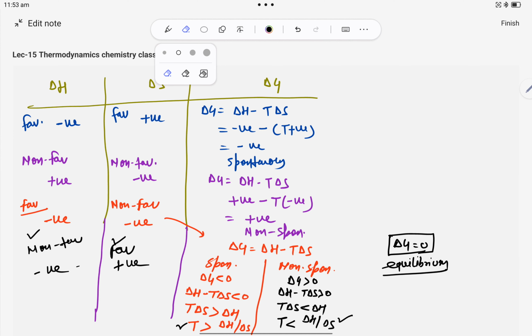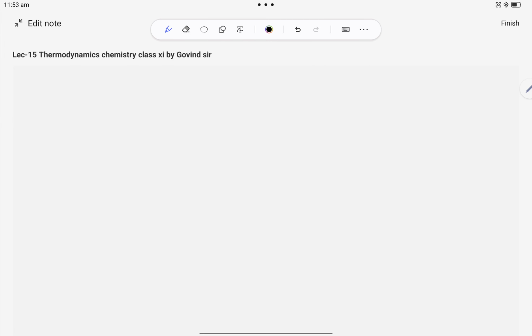Now check the question. A gives B plus C, delta H is 30 kilojoule, delta S is 60 joule per Kelvin. Find the temperature at which this reaction is spontaneous.